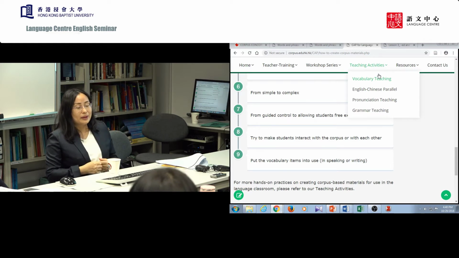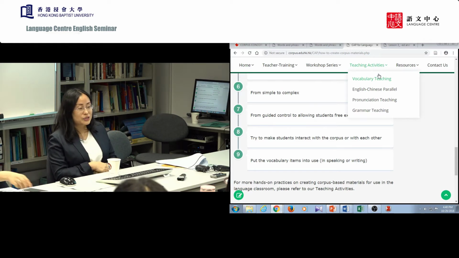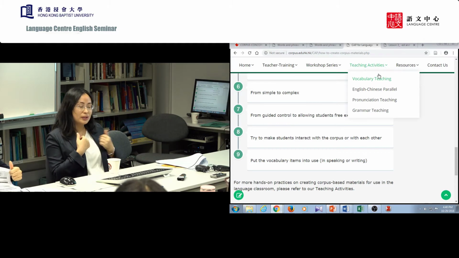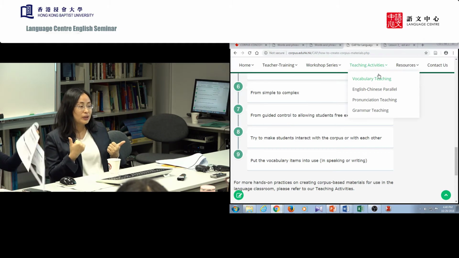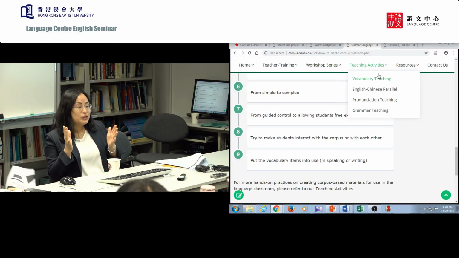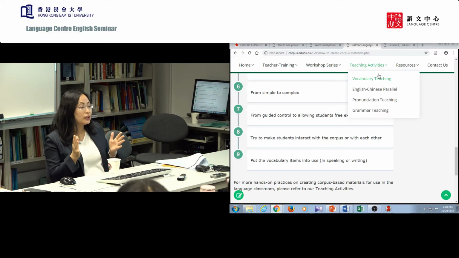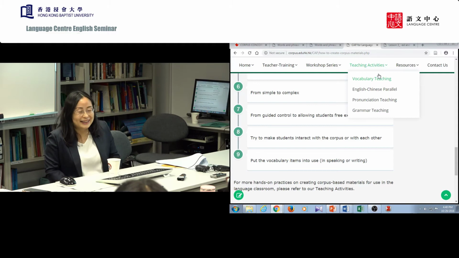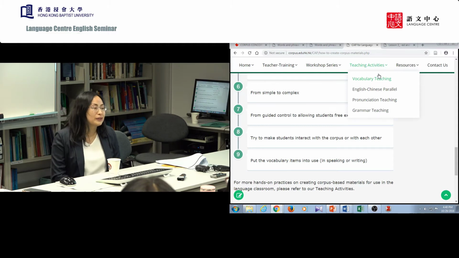For university students, when I introduce these tools to my MA students, they quite like it. I try to convince them that you can use these corpus tools to design teaching and learning activities for your own students. It's for teacher training, so they are quite happy about it.